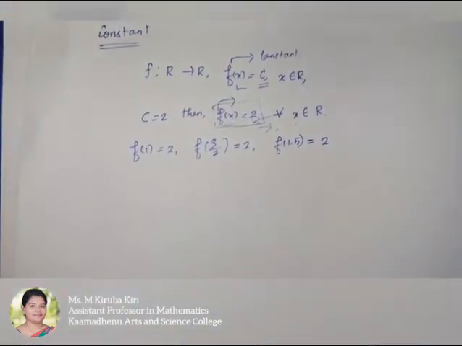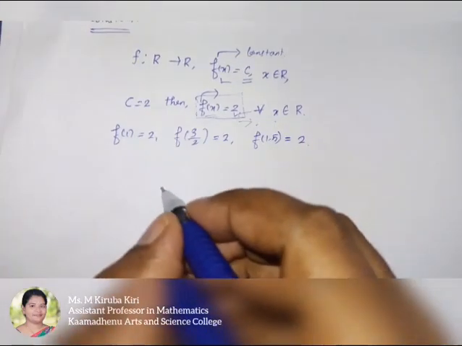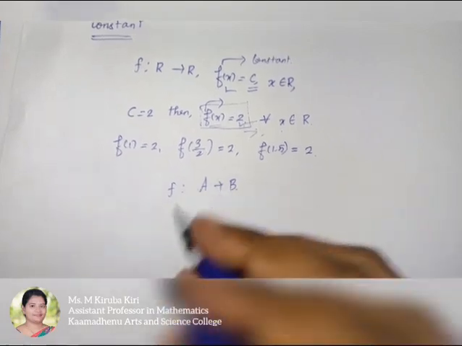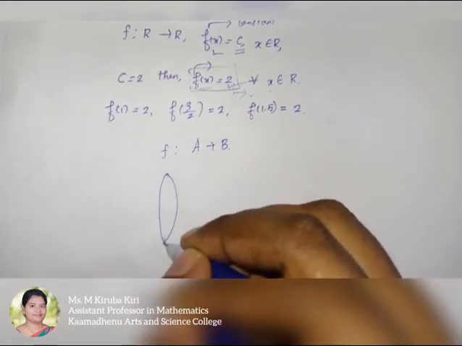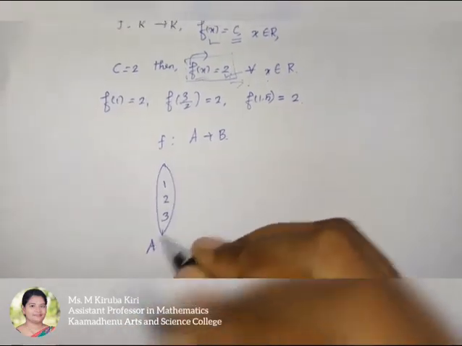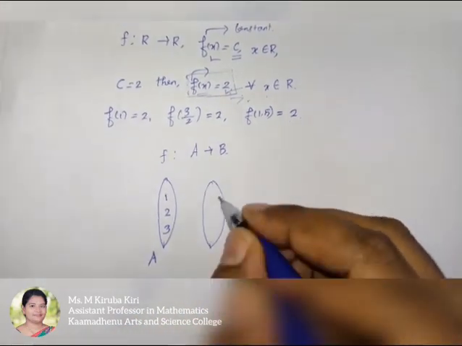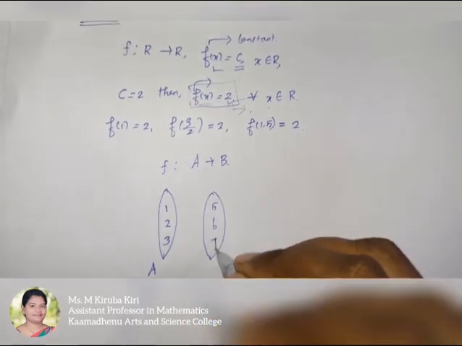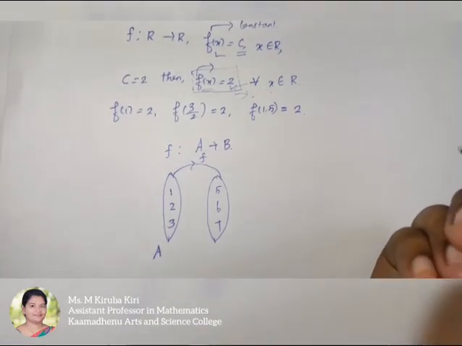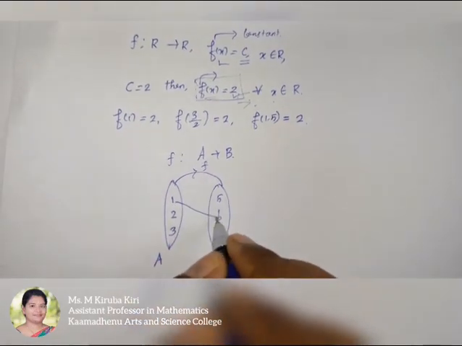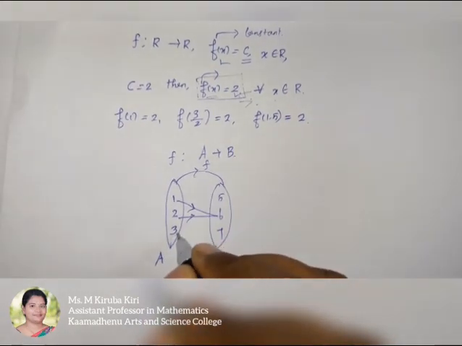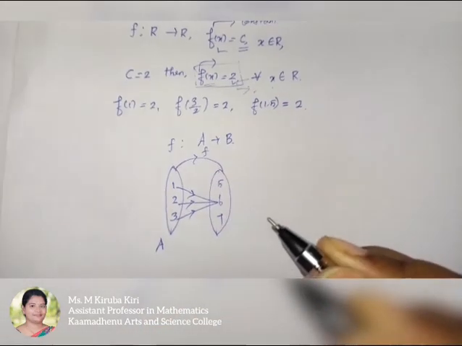Okay, for an example, f is a mapping from set A to set B. A consists of the elements 1, 2, 3, and B consists of the elements 5, 6, 7. f is a mapping from A to B. Here we observe that 1 is related to 6, 2 is related to 6, and 3 is also related to 6.